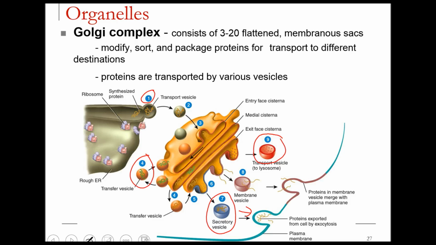And sometimes you make proteins that need to become a part of the cell membrane itself. We call those, as in number 8, the membrane vesicles. And you can see how the membrane fuses with the cell membrane, the plasma membrane, and leaves the protein embedded. We now have a transmembrane protein embedded in the cell membrane.